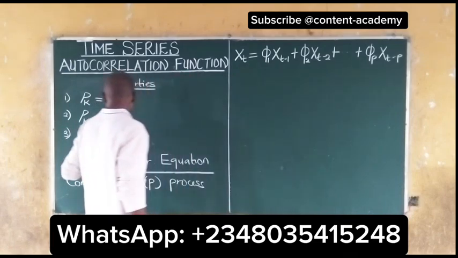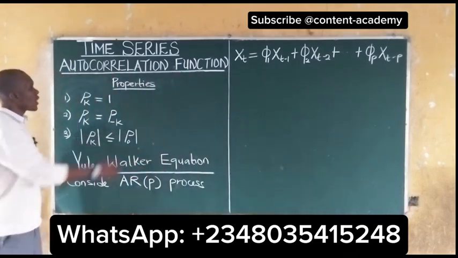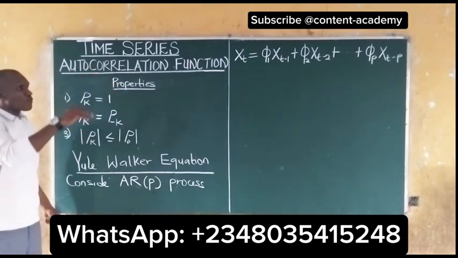How do we use the Yule-Walker equation to explain the autocorrelation function?